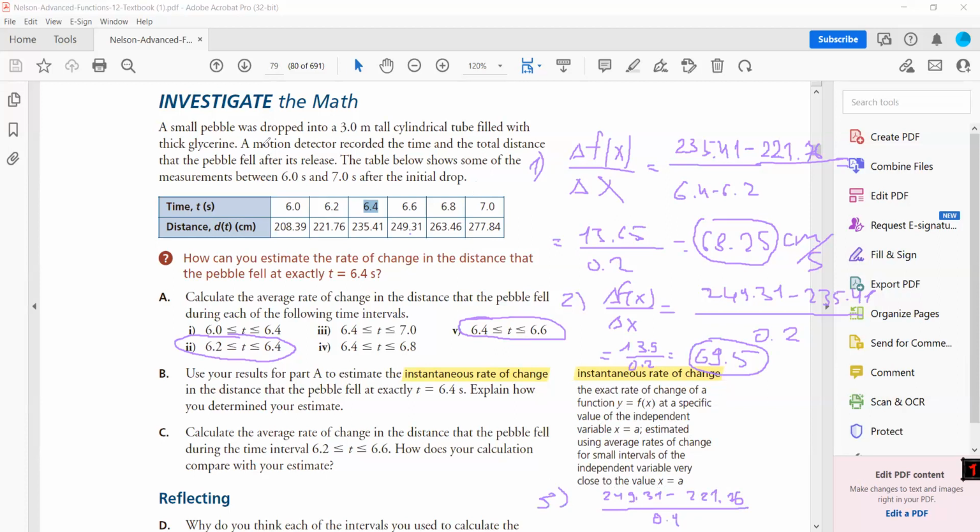So 249.31 subtract 221.76 is 27.55, and divided by 0.4, we get 68.875.